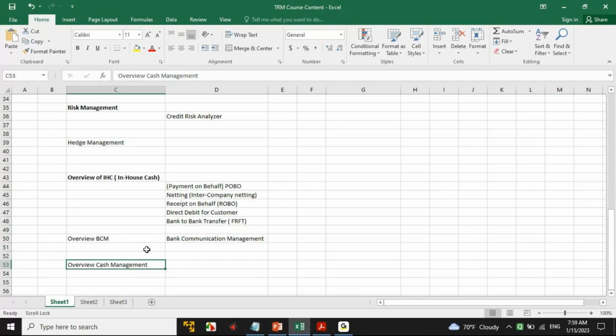Because in recent times, if you go for an interview as a treasury consultant, they expect a minimum amount of knowledge on these areas, like what is IHC, what is BCM, bank communication management, and what is cash management.